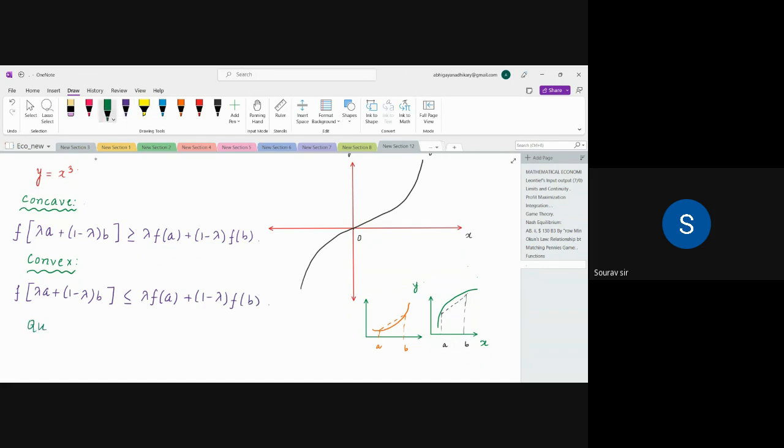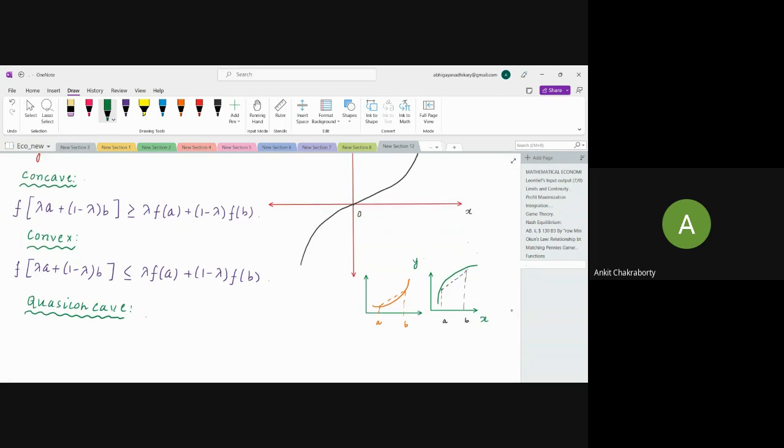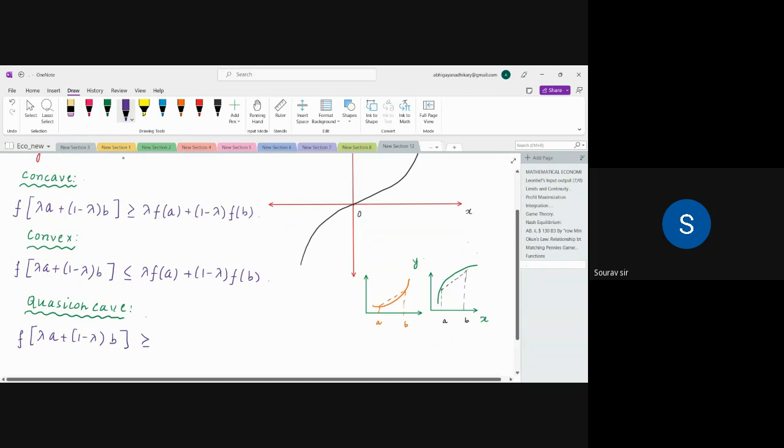What was quasi-concave? The function of lambda a plus 1 minus lambda b is greater than or equal to the minimum of f(a), f(b). Correct.